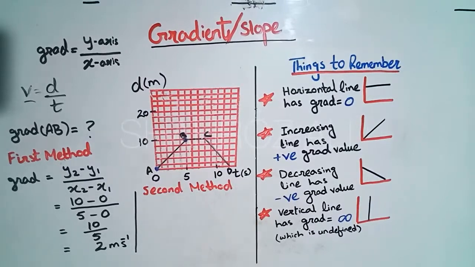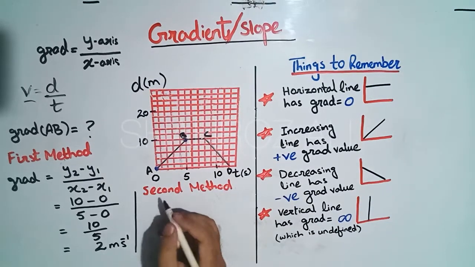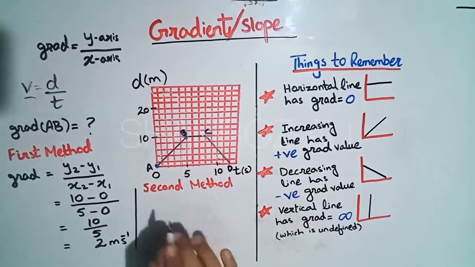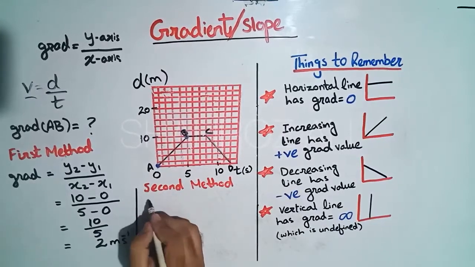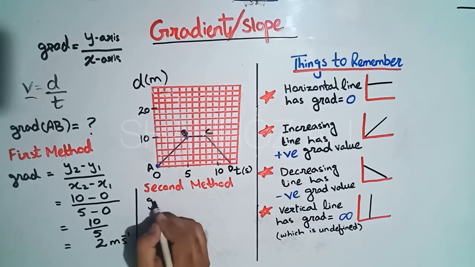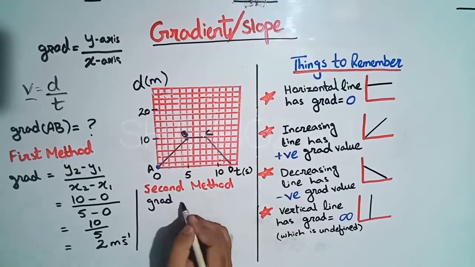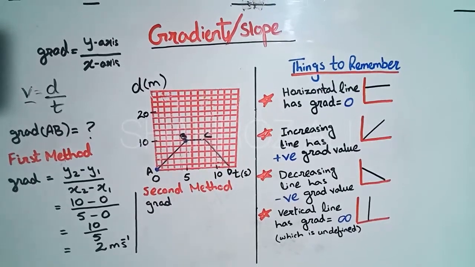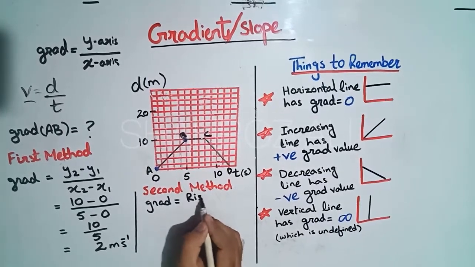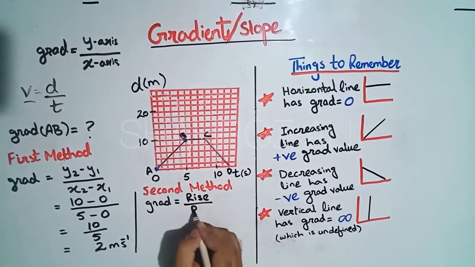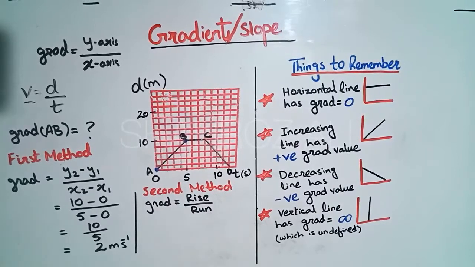It is up to you which method you select, it is your choice. Both methods are easy. Now we want to find the gradient of the same line. Gradient is equal to rise over run. This is the second method.